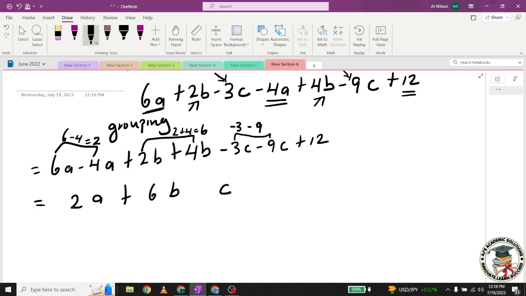Now in these cases, something to recognize: once you're doing an operation where you have two negative numbers interacting, what you do is you maintain the negative sign and then you add the numbers. 9 and 3 is 12. So here is minus 12. And then here, finally, we have plus 12. So the answer here is 2a plus 6b minus 12c plus 12.